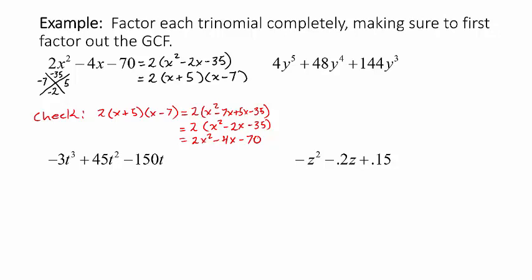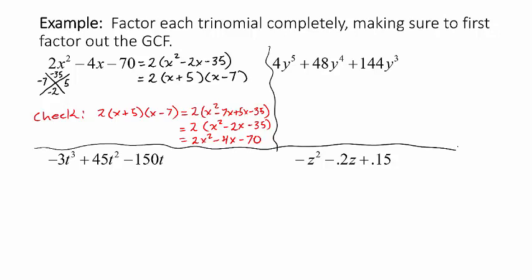Okay, very good. Now moving on to this one, it looks a little bit big, you know, with all of the big exponents and things, but again, we're looking for a GCF here. Okay, so 4y to the 5th plus 48y to the 4th plus 144y cubed. The first thing I'm going to ask myself, I look at the lowest number there, which is 4.